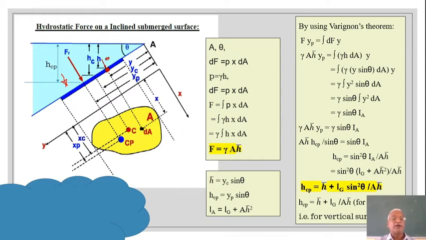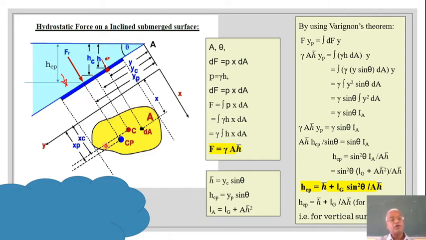So here an elemental area dA is considered. This elemental area, which will be seen like that, has got a depth h from the free surface. I have indicated the centroid also, which is represented by the letter C, and the depth of the centroid is HC.